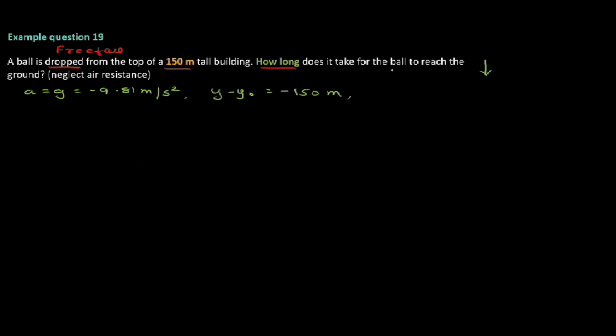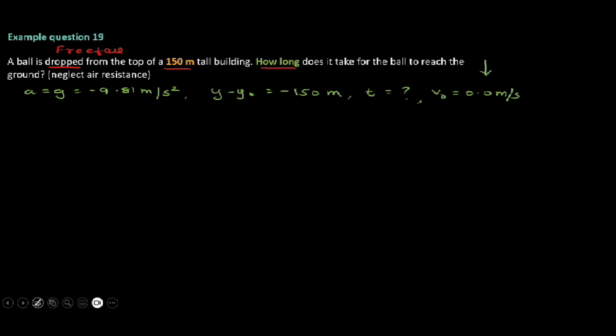We need to find how long it takes for the ball to reach the ground, so I need to find the time t. When the ball was dropped, its initial velocity v0 would be 0. I have the initial velocity, I have acceleration, and I have the distance covered, y minus y0.